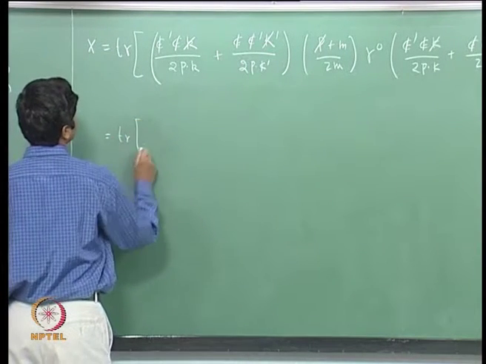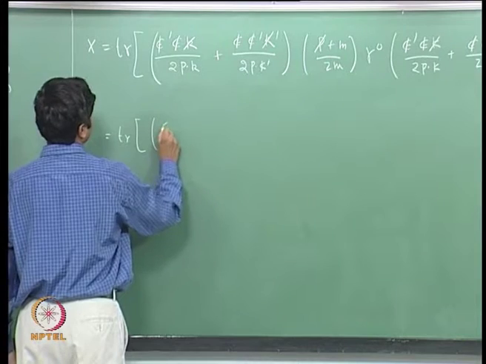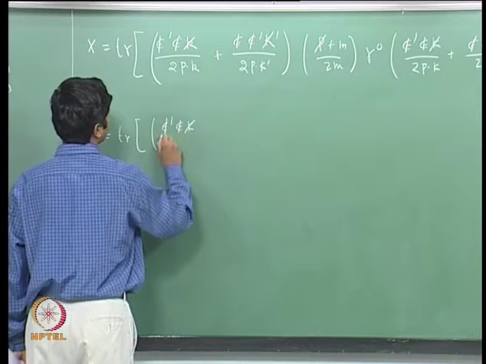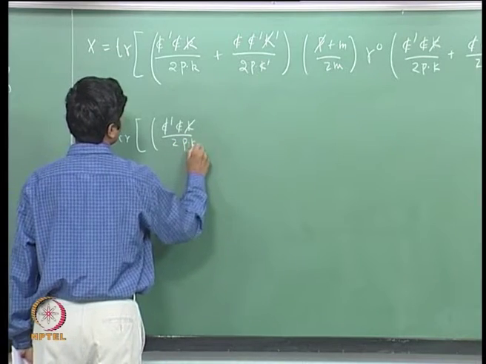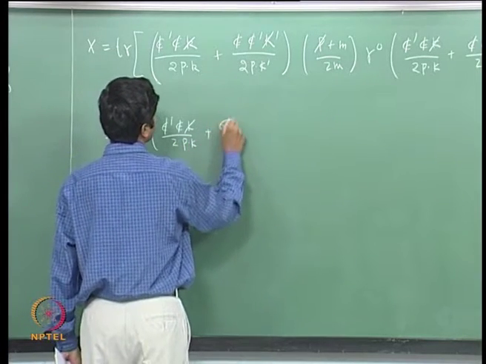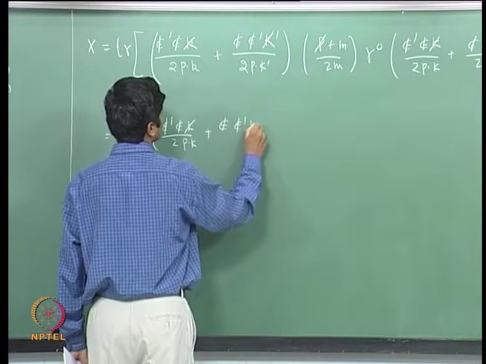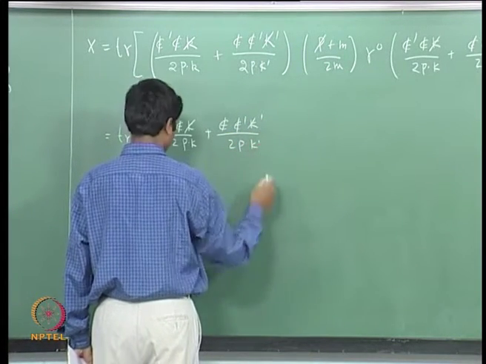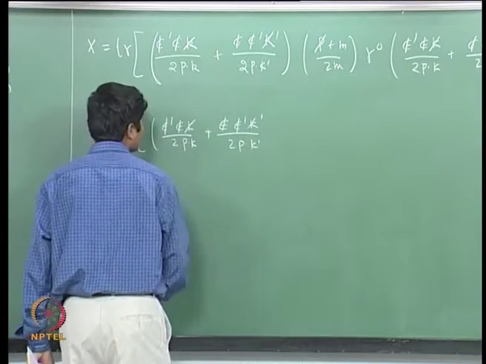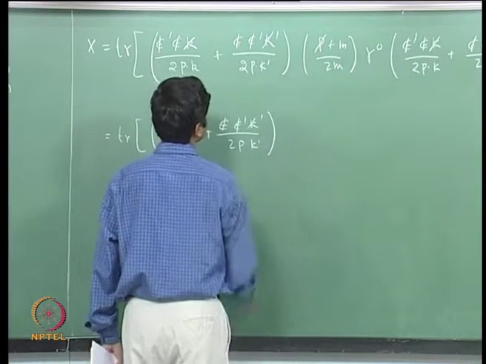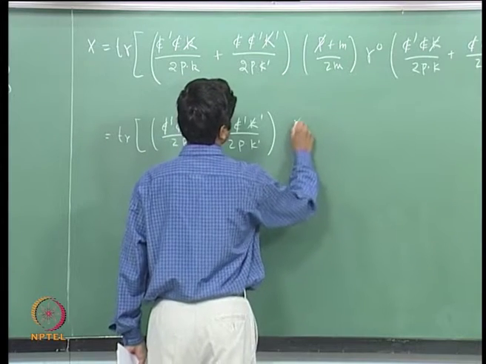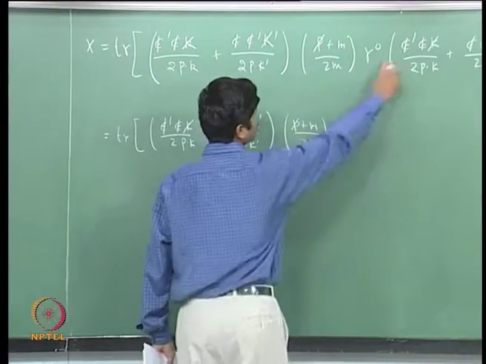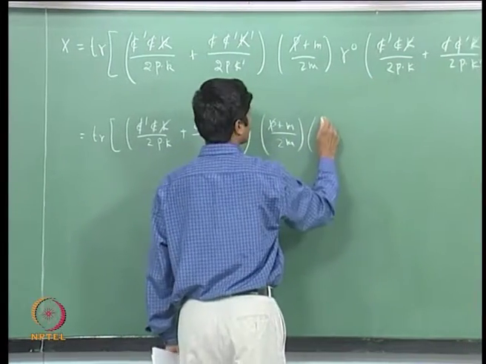trace of epsilon prime slash epsilon slash k slash over 2 p dot k plus epsilon prime slash k prime slash over 2 p dot k prime, times p slash plus m over 2 m. Then this quantity, as I said, the order will simply get reversed.